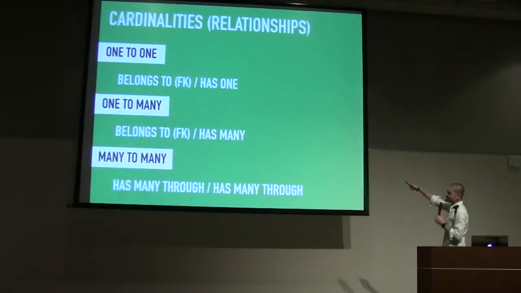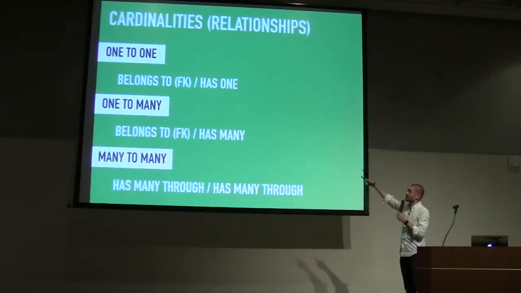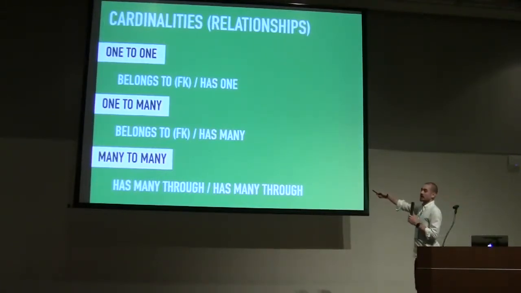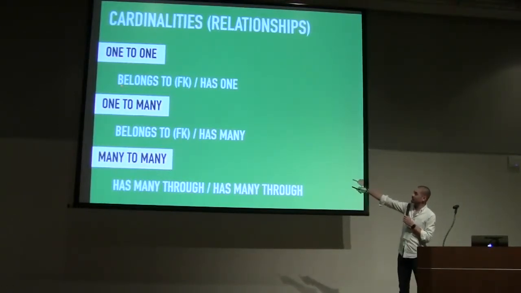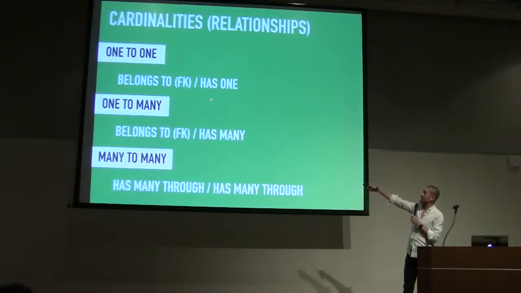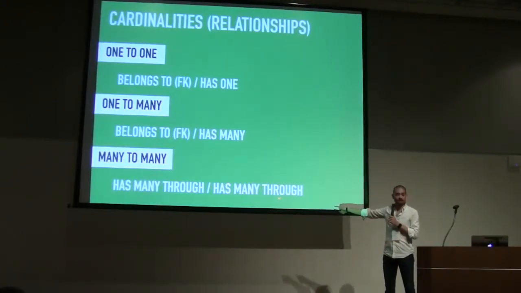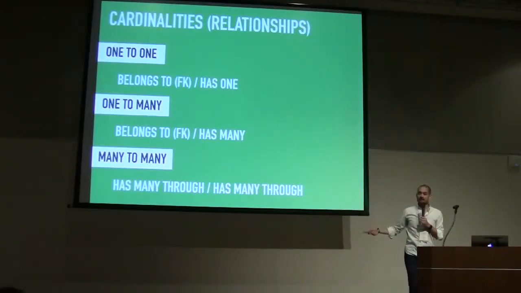So, let's start looking at relationships just really quickly. The primary cardinalities are one-to-one, one-to-many, and many-to-many. Now within development parlance, this is the vocabulary. This is often referred to as belongs to and has one, depending on which side you're in. Belongs to, has many, or many-to-many, which is has many through. Now why is it called has many through?